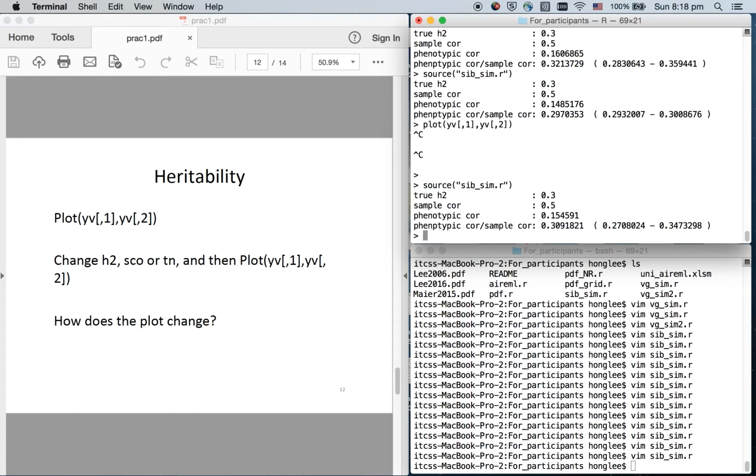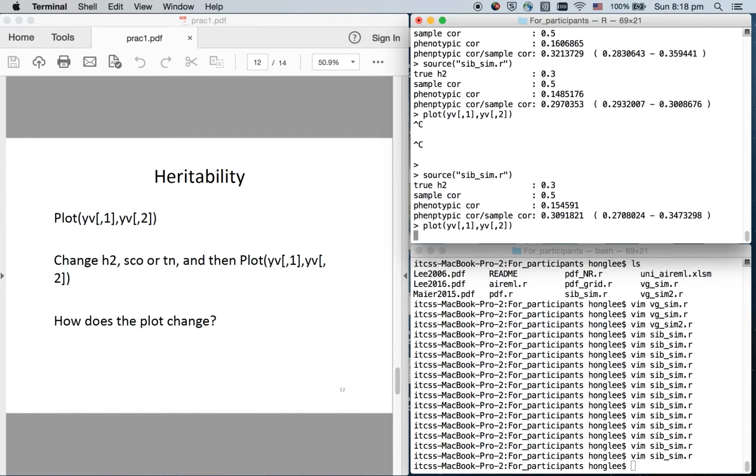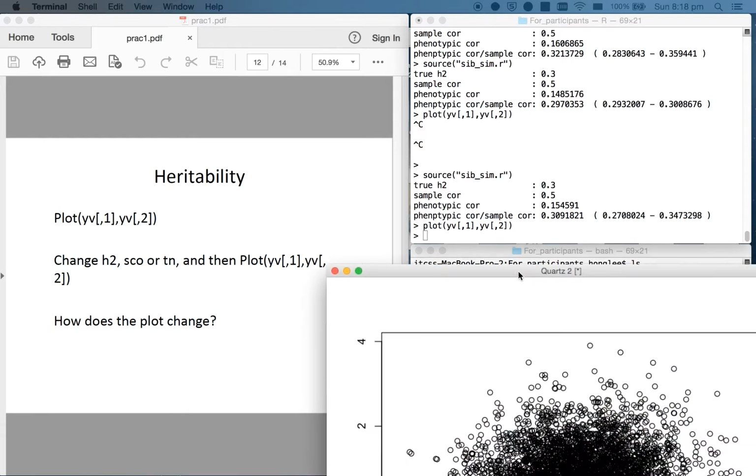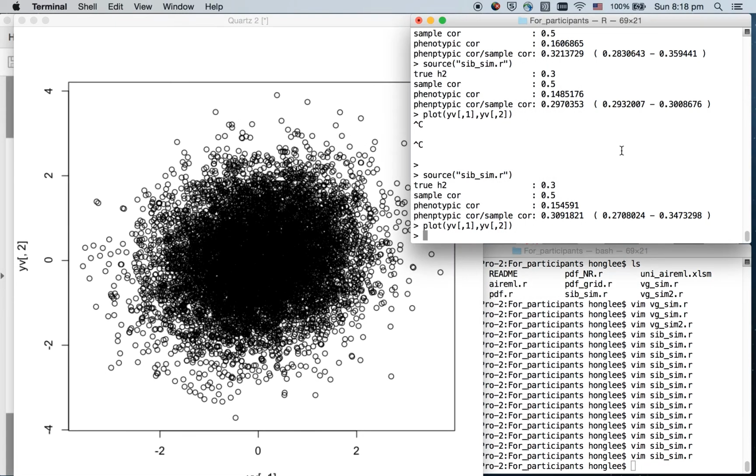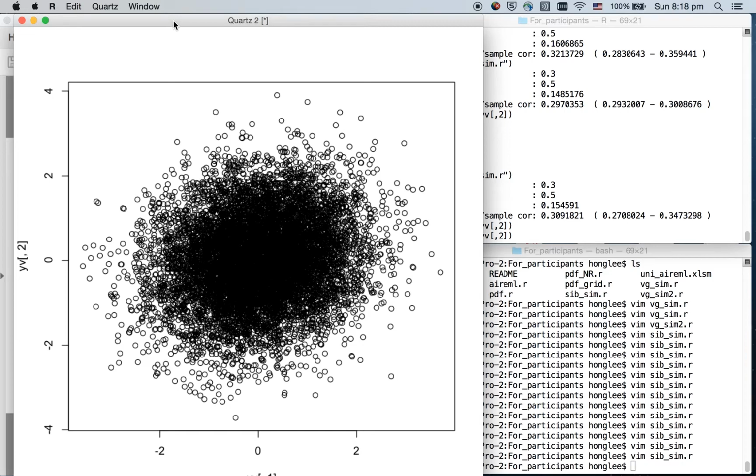Okay, now plotting the first SIPs and second SIPs. Then the plot looks like this, right? I wonder what the correlation is between y1 and y2. Ah, that is 0.15, right? So this plot is a correlation of 0.15. That's not that much, right?